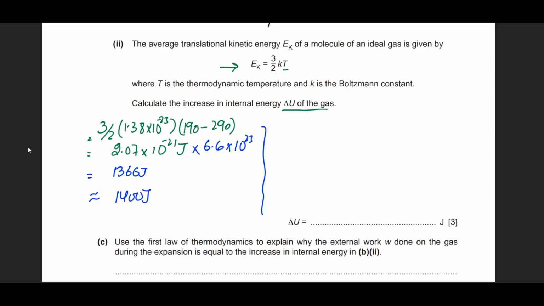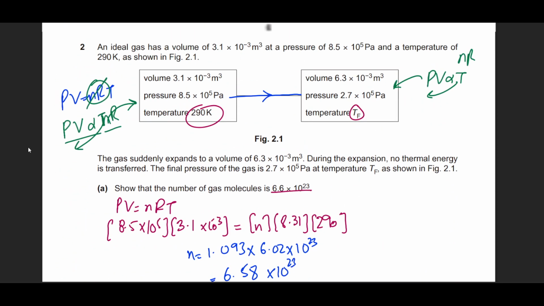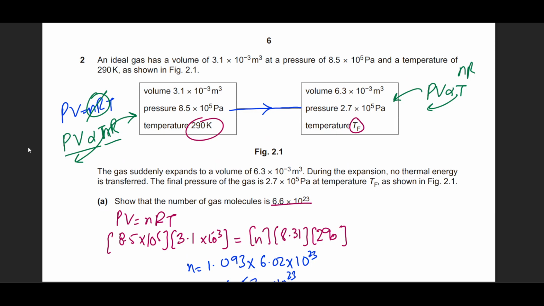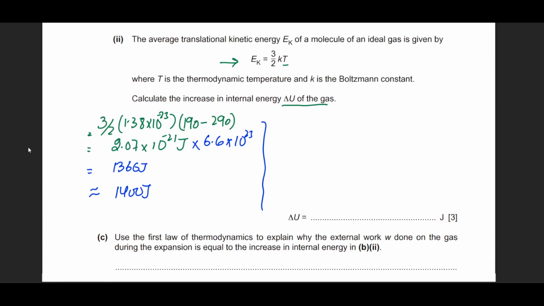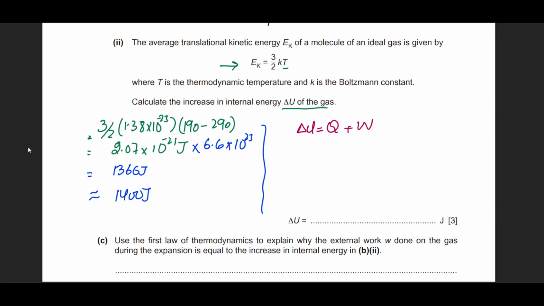So now we need to realize what we have done with the system. The volume has increased, the pressure has decreased. By the looks of it, according to the first law of thermodynamics, let's write down delta U equals Q plus W. The temperature reduced from 290 to 190.